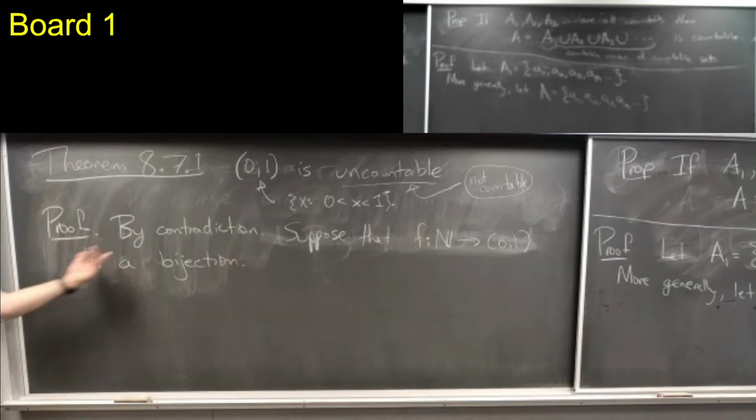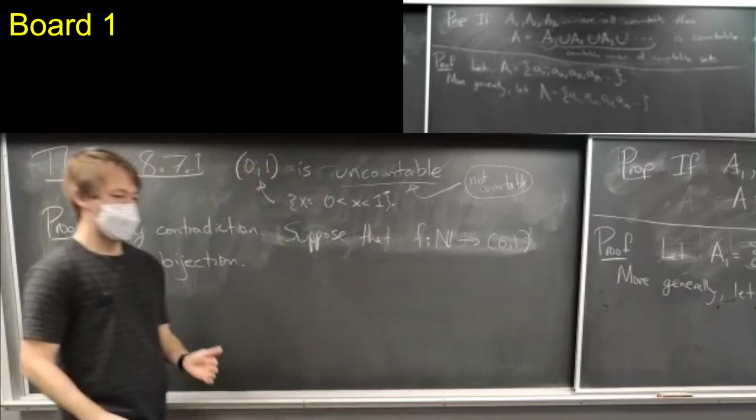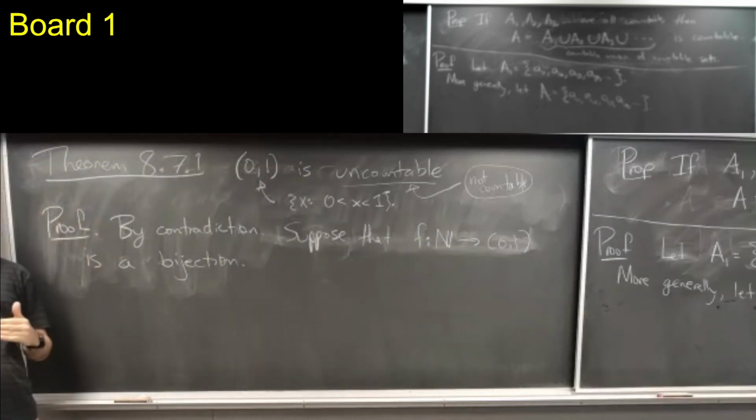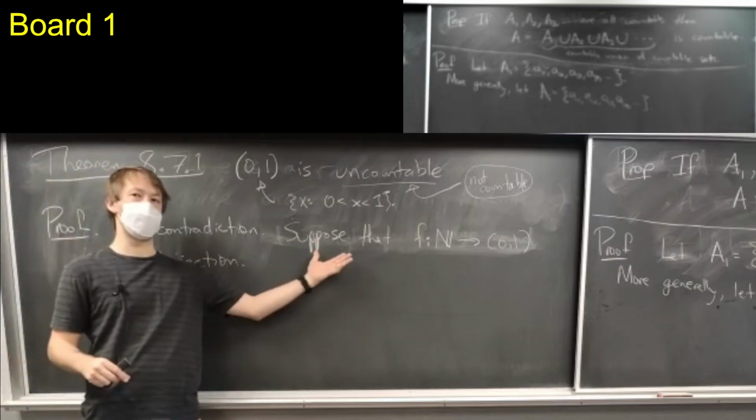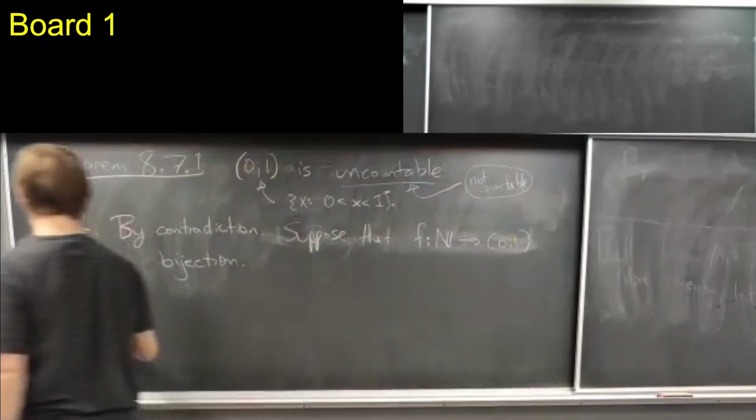If we're doing this by contradiction, I'm assuming this is a bijection, and at the end we want to get a contradiction. We want to derive some sort of nonsense from this, which will tell us that clearly this f could not have existed, because if it exists, it leads to a contradiction.